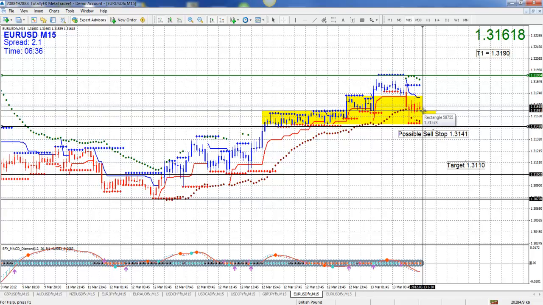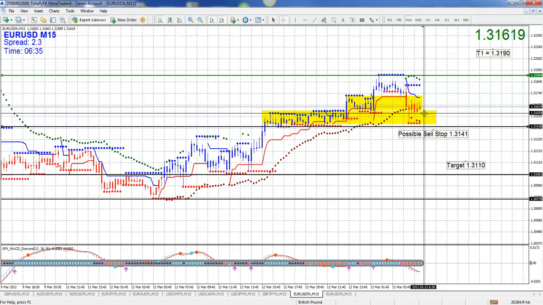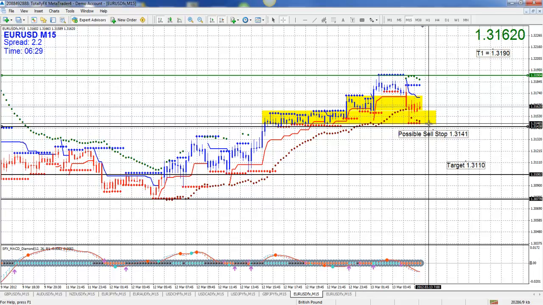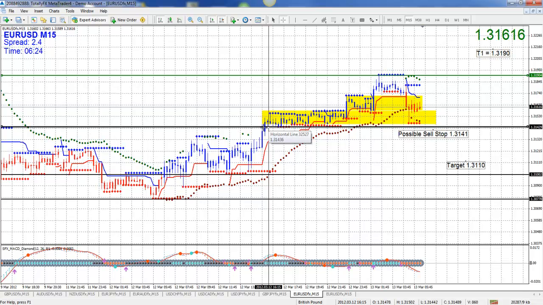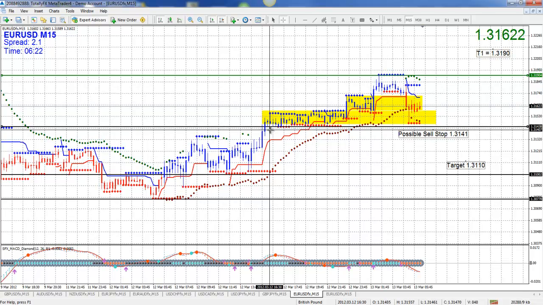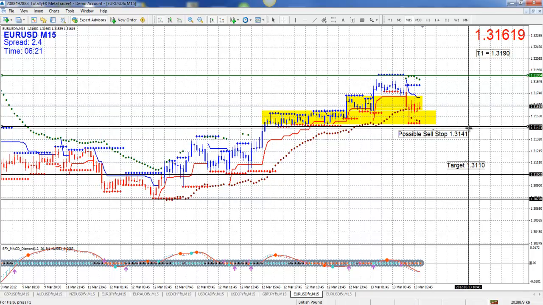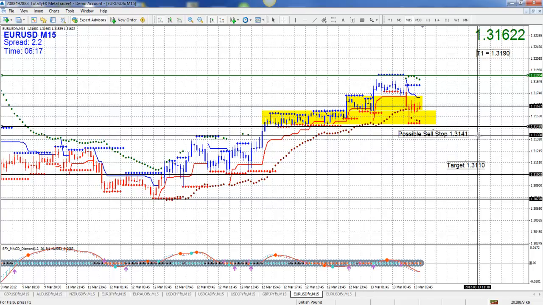An aggressive entry on a technique called advanced Willie box would be a break of 131.55. That would be an aggressive entry to the downside. The conservative entry is to wait for a lower low, a break of this box and this change of polarity line, which is a support zone. My support zone is at 131.43. So an entry of 131.41 is good.